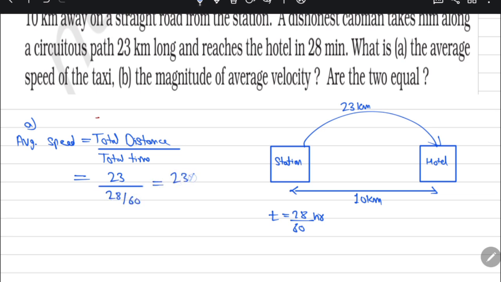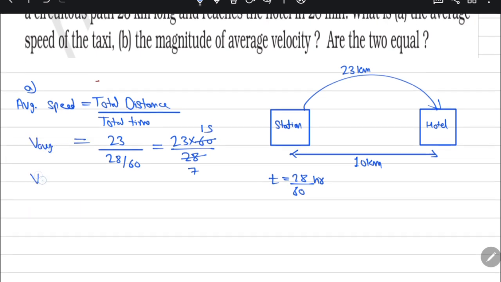So that comes out to be 23 into 60 divided by 28. This simplifies to 23 into 15 divided by 7. If you find 23 into 15 and then divide by 7, the average speed comes out to be 49.28 kilometer per hour.